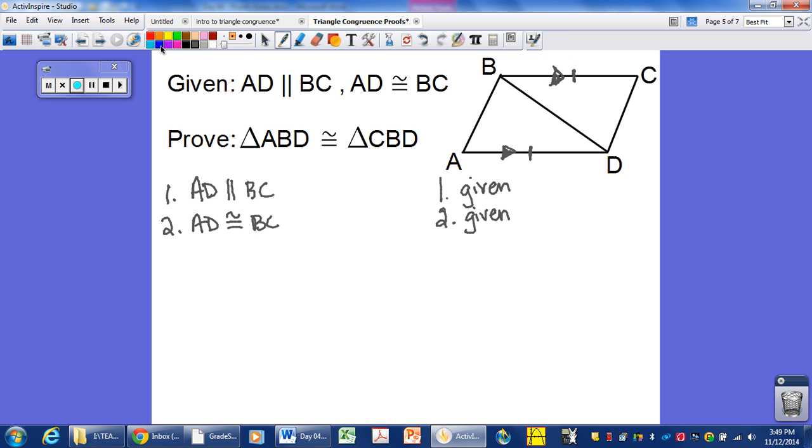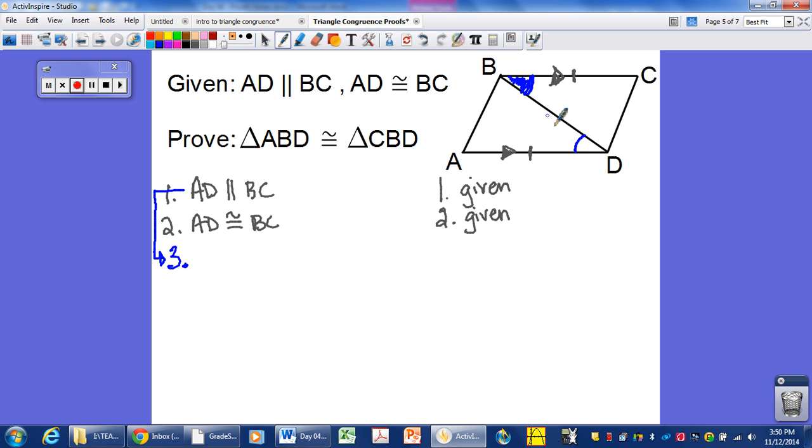Okay, so question number 2. From your given information, from the fact that we have parallel lines, what do we know? If you remember your parallel line postulates, if parallel lines are cut by a transversal, so here's a parallel line, here BD is now your transversal, you have alternate interior angles are congruent.